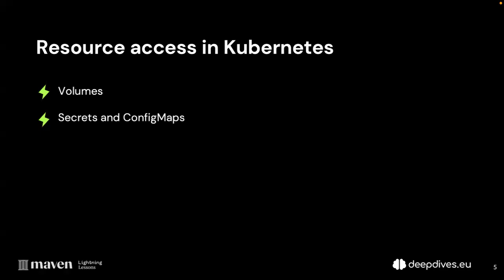One very specific storage resource in Kubernetes is a config map. A config map is basically a set of keys and values, something that we very often use for configuration.